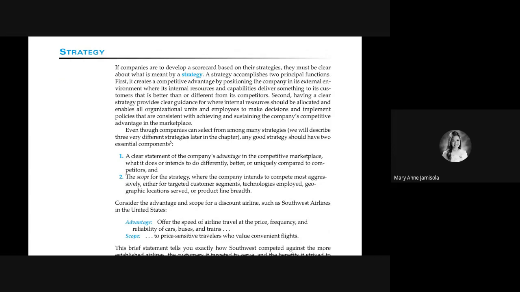So sa kani nga services nga ato ang ganahan ihatag no sa market, kinsa raman nga mga tao ato ang gin-target. Ato bang middle class or unsa ba? So the scope of your strategy should also be clear in order for you to properly describe and define your specific objectives.